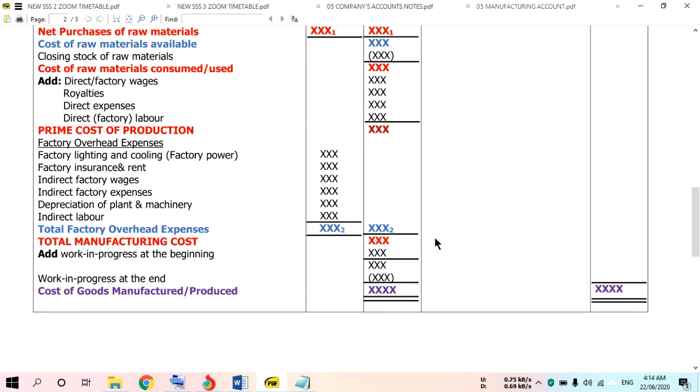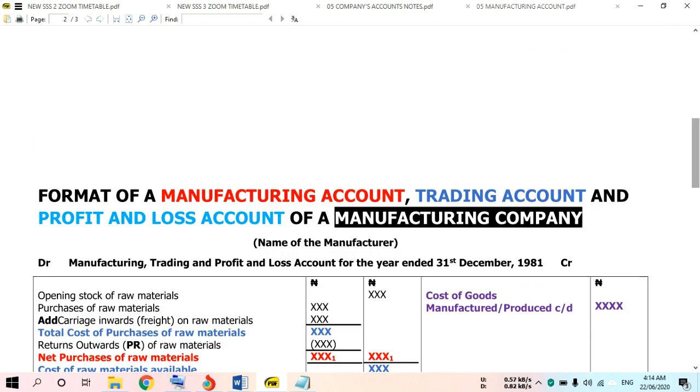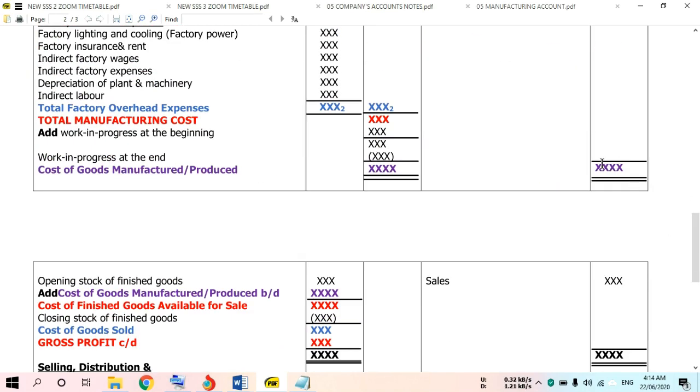The same figure will come over to the debit side of the trading account, to be added to the opening stock of finished goods.